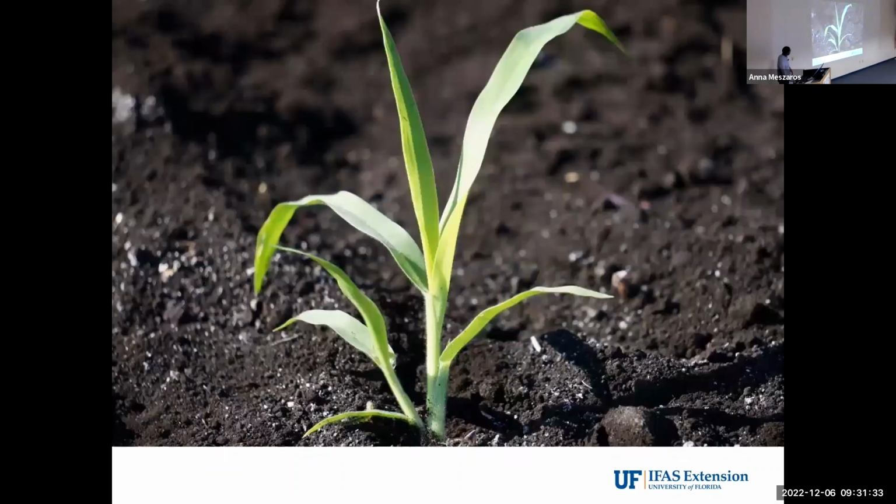So in terms of weeds, I've got a few weeds here that are commonly found in sweet corn. Can anyone take a guess what these would be? That's why I put the big picture. Yeah, that's fall panicum.